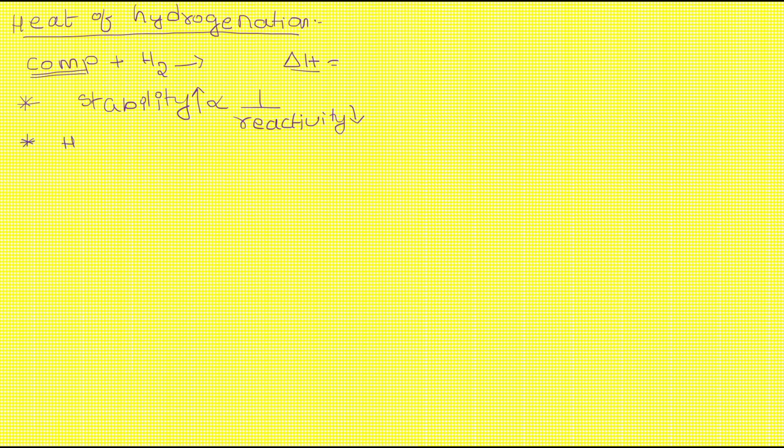So the more stable the compound, obviously the compound will be less reactive, then it can evolve low heat of hydrogenation. The inverse also holds: the less stable the compound, the higher the reactivity and the higher the heat of hydrogenation.